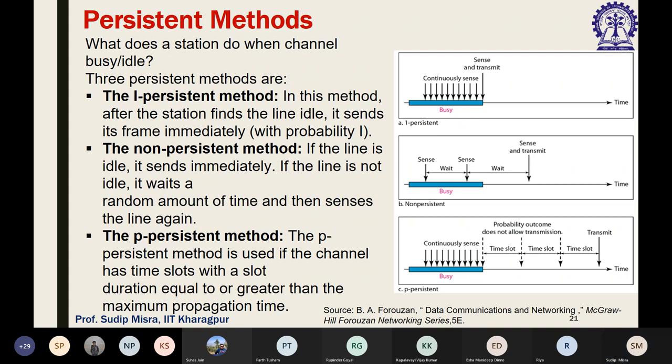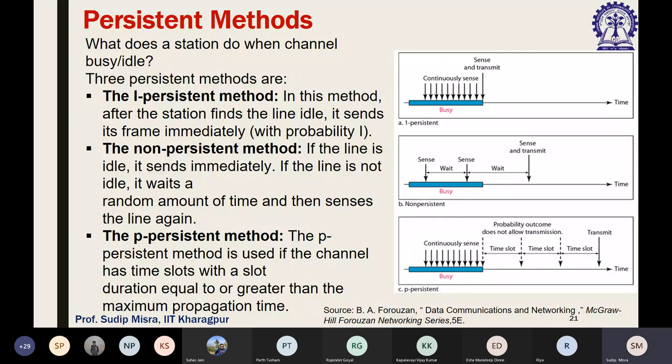Although this is very naive and simple, and it has a very high rate of collision, the primitive, initial versions of the Ethernet protocol used for local area networks basically used this one persistent method. However, the later versions of Ethernet have evolved.